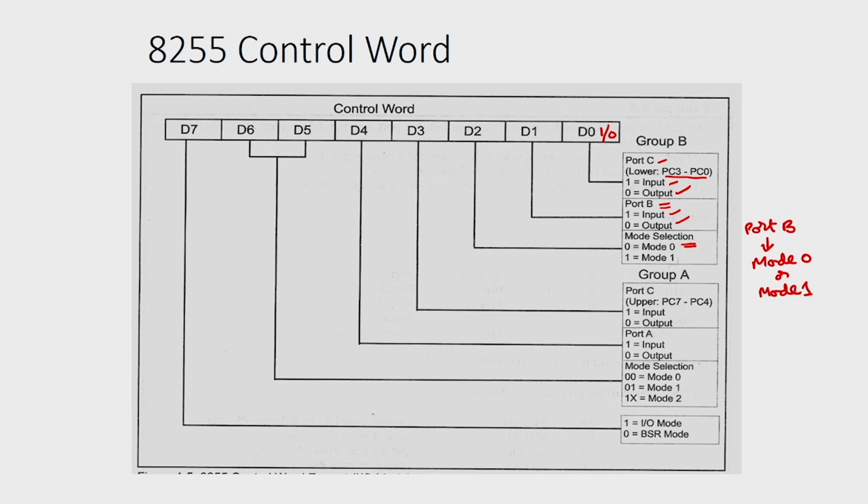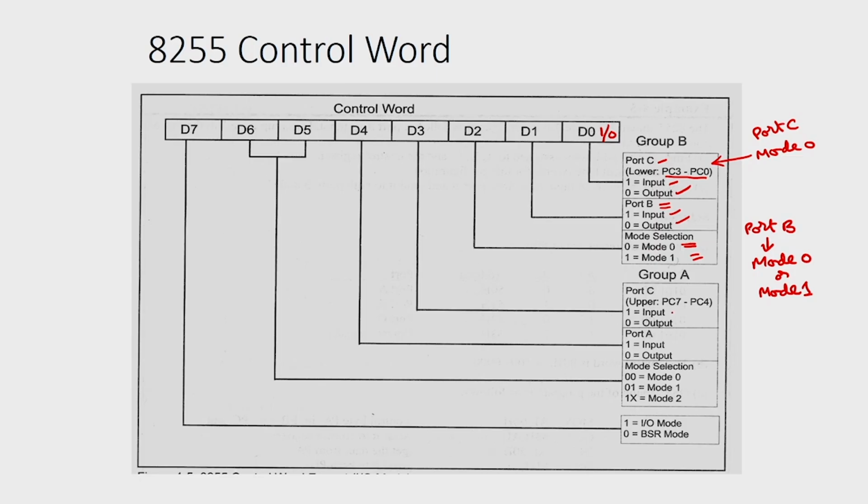Whereas port C can be operated in only one mode, which is mode 0. So, there is no bit to select the mode of port C, because it is implied mode 0. Whereas port B can operate in mode 0 and mode 1, so we have one bit for selecting mode 0 or mode 1.